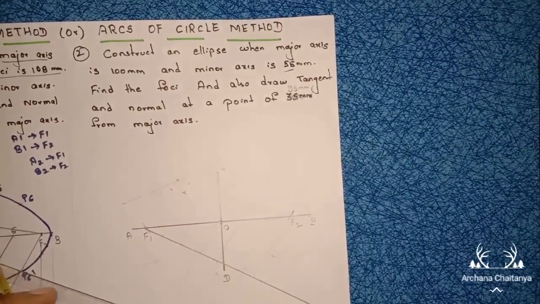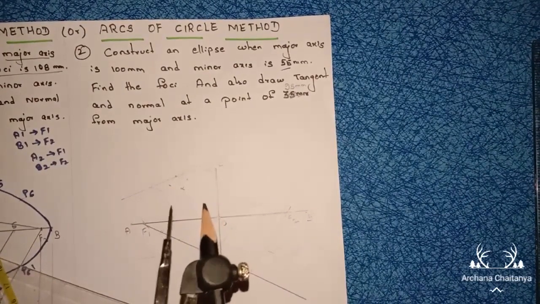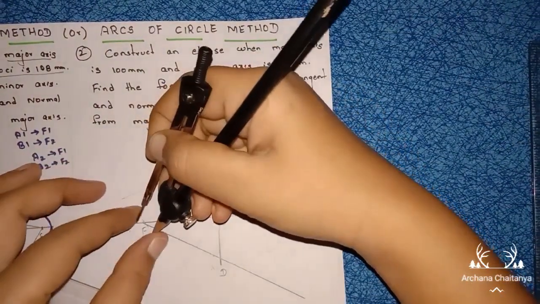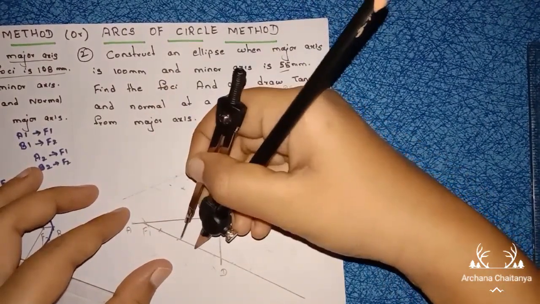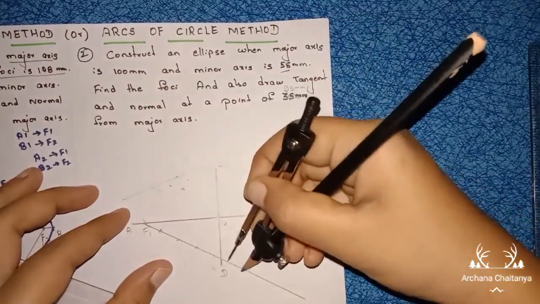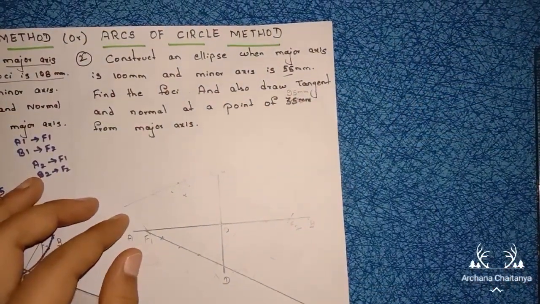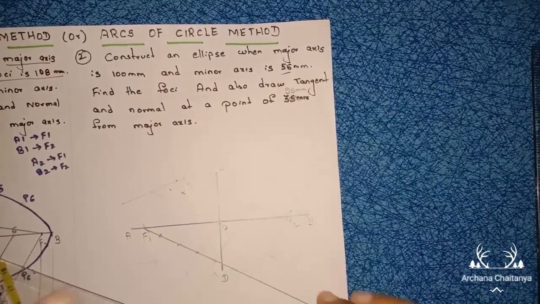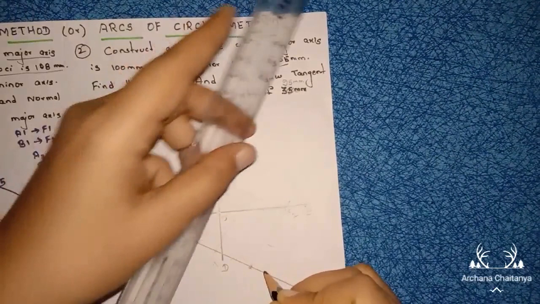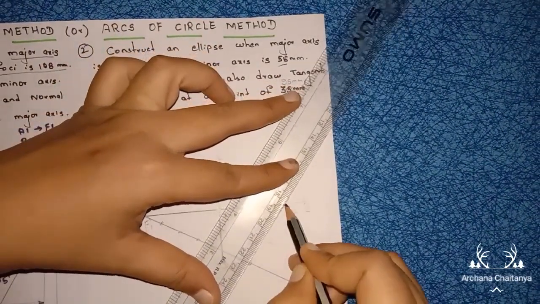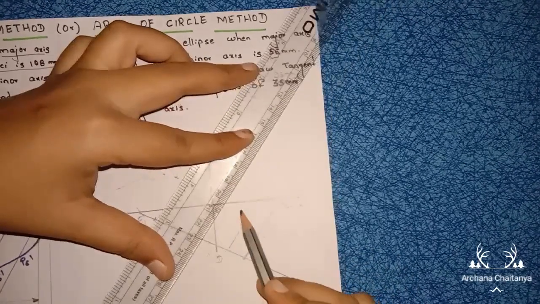Now I can divide here into 6 to 8 equal parts. So how to divide a line? Take any radius with your compass, but don't change the radius of your compass till the last arc. 3, 4, 5, 6, right? I am dividing into 6 equal parts. Now I am joining the last arc to the F2 point. I am drawing parallel lines from every point.